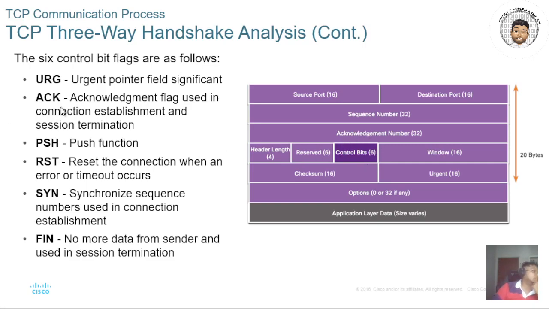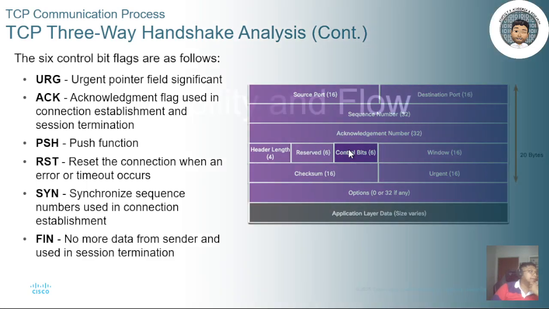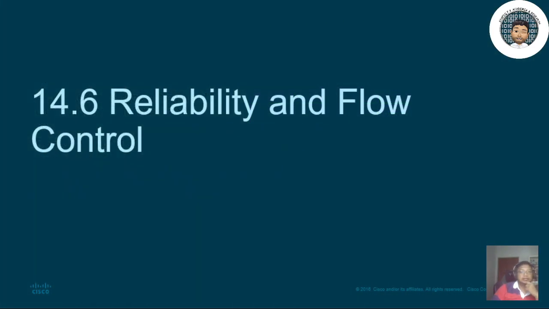In case of acknowledgement, there will be a flag for acknowledgement. Then you have the push, then reset, then the urgent pointer, and then finish itself. All of them are signaled under these control bits.